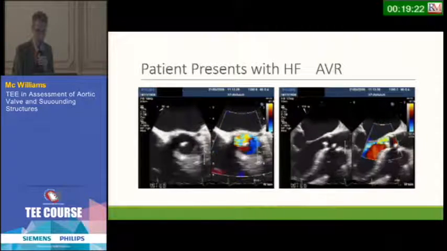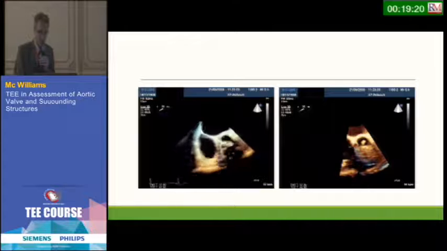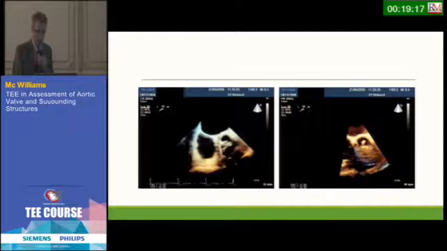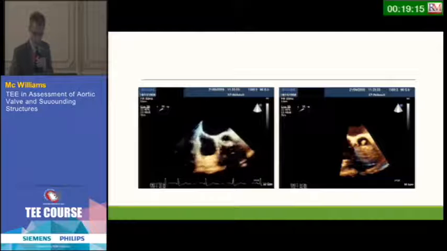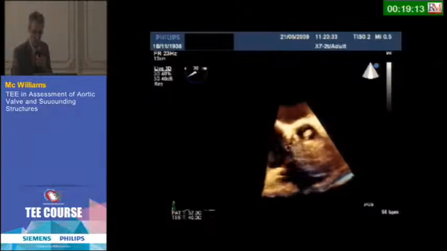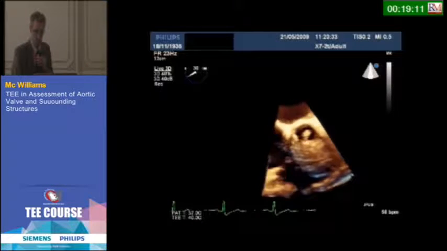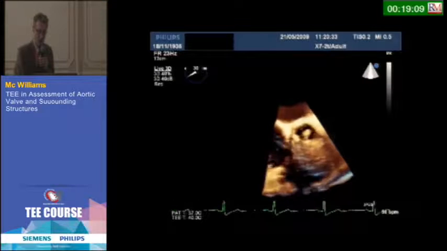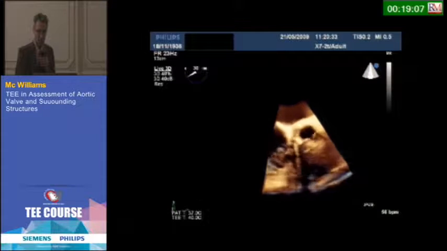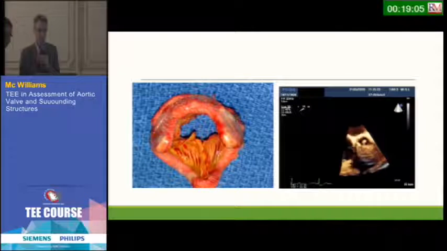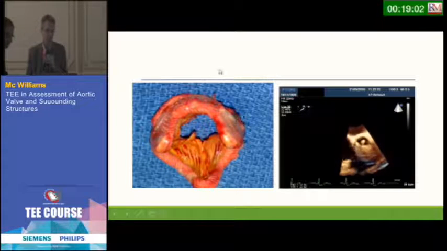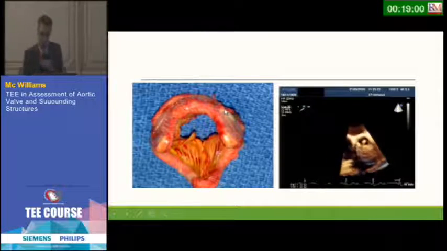And this was a 3D image. Actually, what this patient had was a complete perforation of one of the leaflets of the aortic valve.